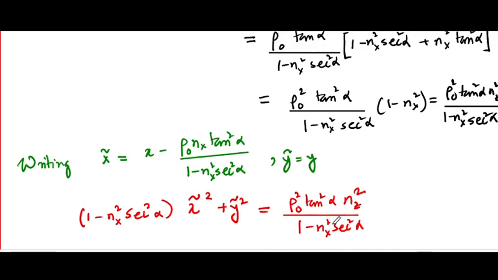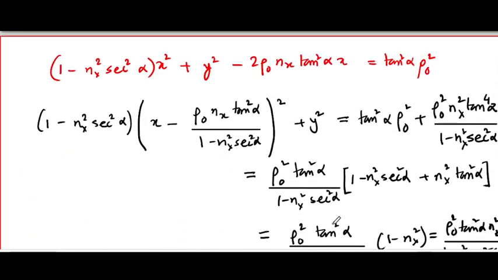Now let me point out one thing. We couldn't have done this if nx sec alpha had been exactly equal to 1. Then this step would have been illegitimate. Of course, if nx sec alpha were exactly equal to 1, we would be dealing with an equation which only has a quadratic in y but a linear term in x, which really is an equation of a parabola.